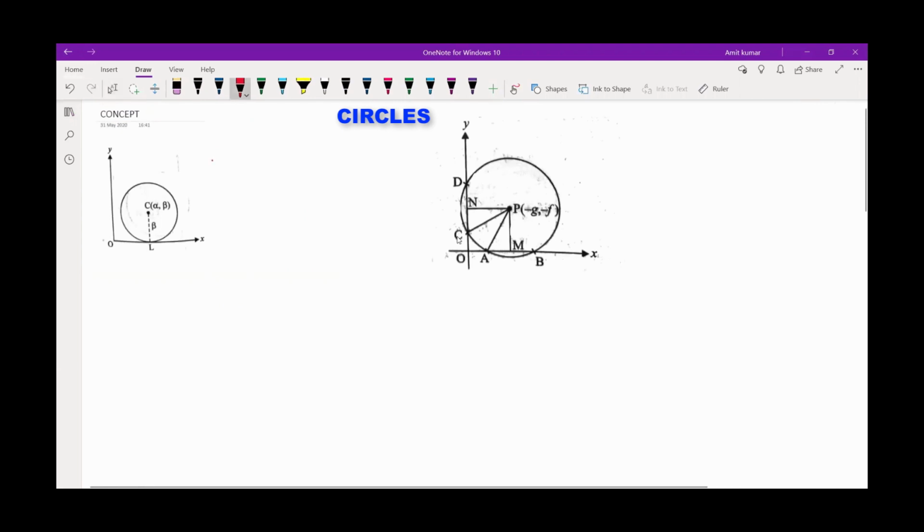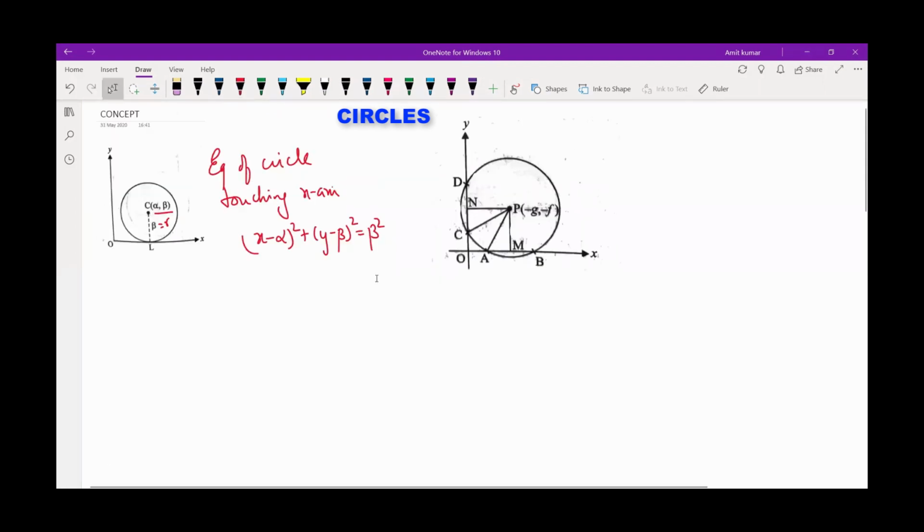So the equation of a circle touching the x-axis, center is (alpha, beta), and if this circle touches the x-axis, then the radius is equal to the y coordinate, that is beta. So the equation of the circle comes out to be (x minus alpha) whole square plus (y minus beta) whole square is equal to beta square.